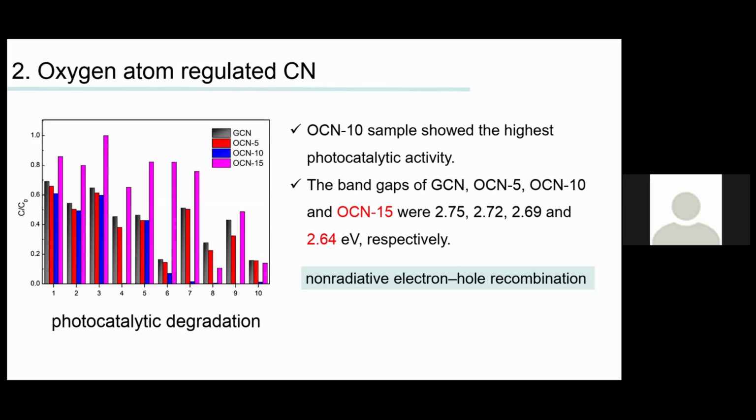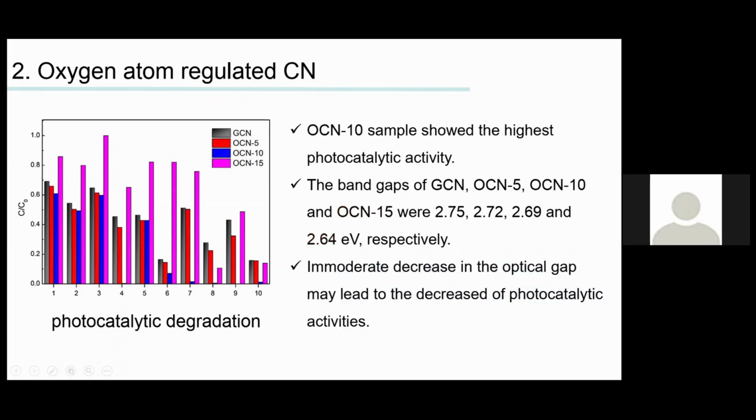For the OCN15 sample, non-reductive electron and hole recombination might become dominant, which is adverse to degradation of these herbicides. Therefore, an excessive decrease in the optical gap may lead to a decrease in the photocatalytic activities.